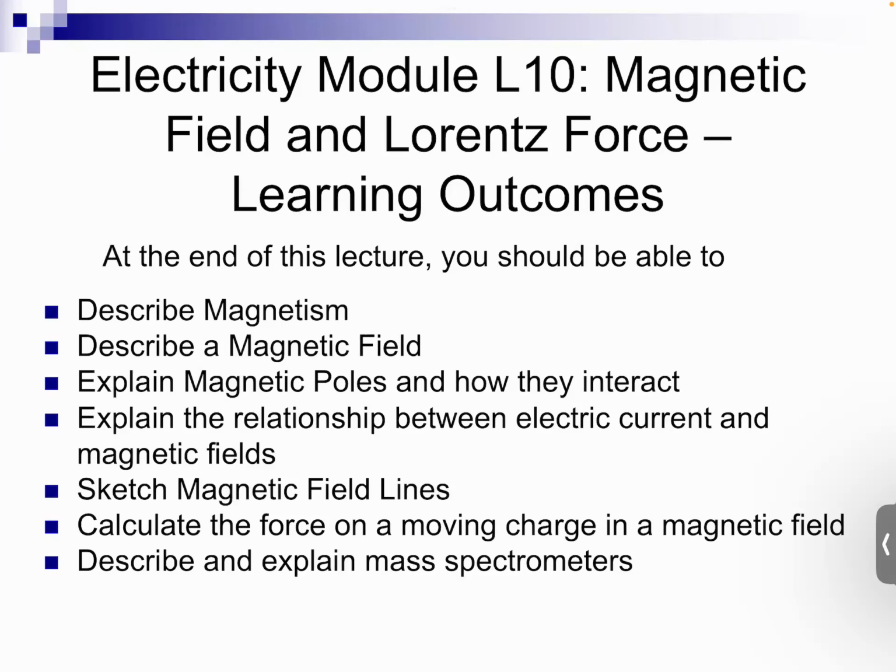Today, which is lecture 10, is sort of related to what we've been talking about so far with electric fields, but sort of different in that it's a new topic. Now we'll start to look at magnetic fields. The whole idea is just like what we did with direct current or DC circuits. We started with electric fields and developed the concept of current and voltage and then analyzed direct current circuits.